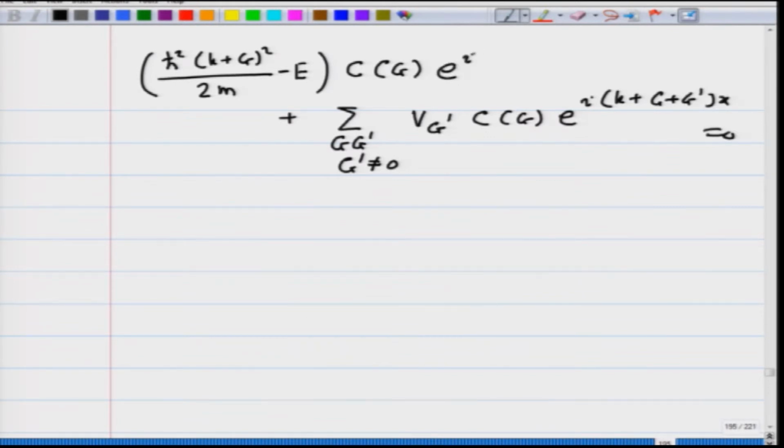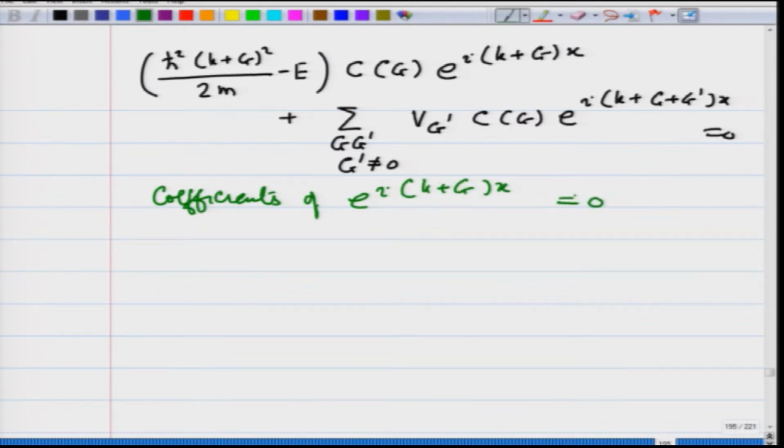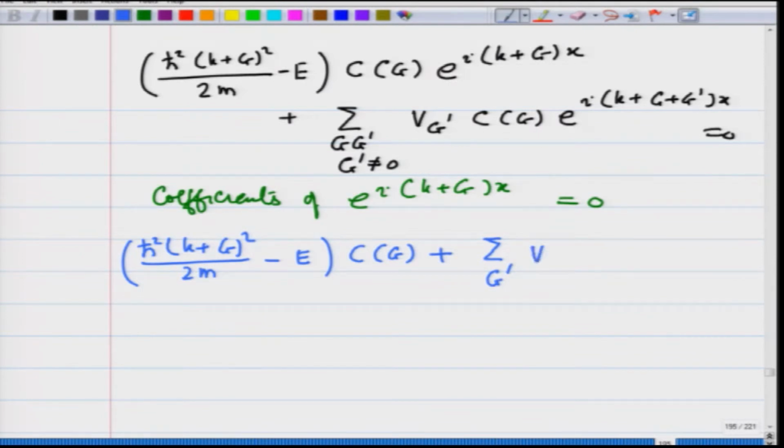Here is e^{i(k+g)x}. Now, because these are all independent functions e^{ikx}, I want the coefficient of e^{i(k+g)x} to be 0, and therefore I am going to have [ħ²(k+g)²/2m − E] c_g plus the summation over g' of V_g'.